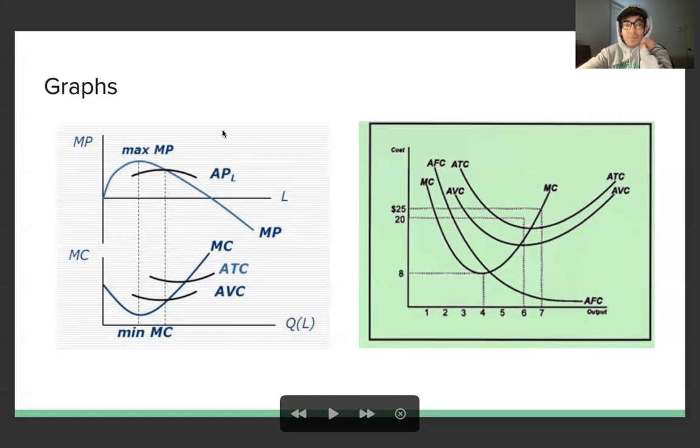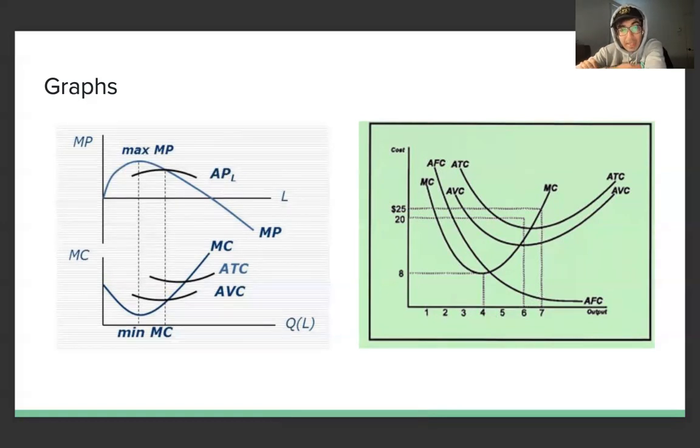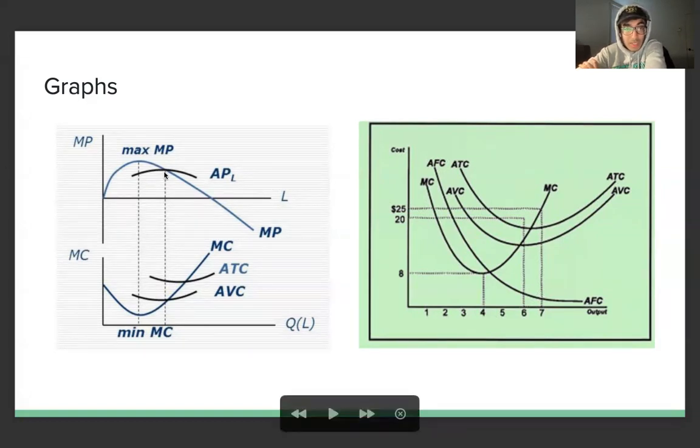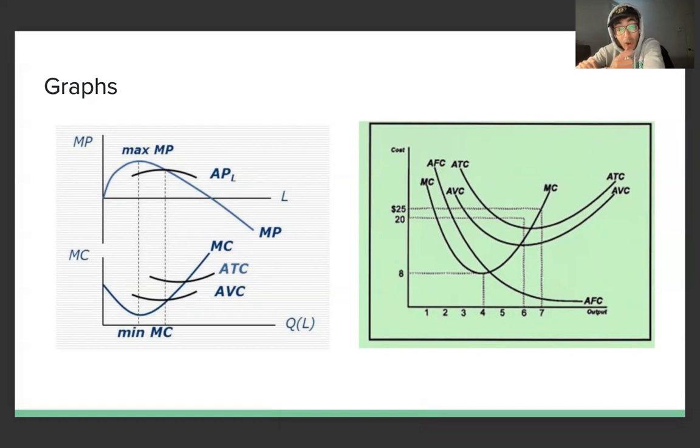The reason is, as long as marginal product is greater than average product, it means that every additional unit of labor is adding more to your total product than what an average unit of labor was adding until now, because average product is less than marginal product. So every extra unit of labor is adding more than what each unit of labor was adding on average.